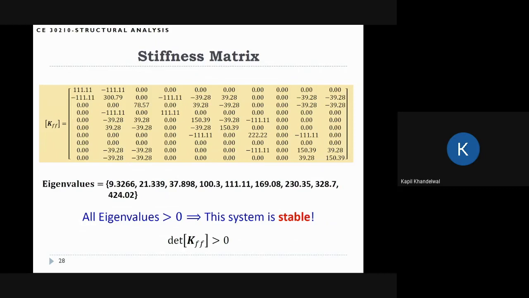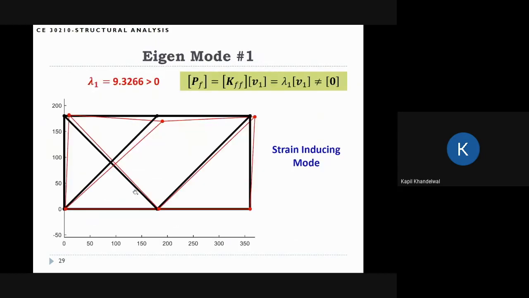And now if we want to see the eigenmode corresponding to the first eigenvalue, we can plot it. This is the eigenmode corresponding to the first eigenvalue that is greater than 0. And we can see that this is a strain-inducing mode. So the first eigenmode is a stable mode. And actually, all the eigenmodes in the system are stable modes.